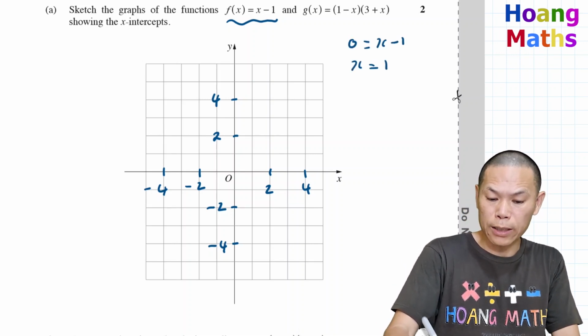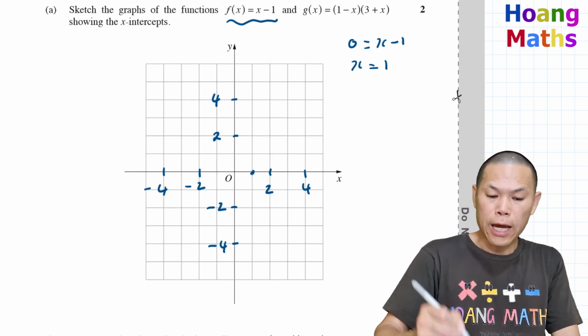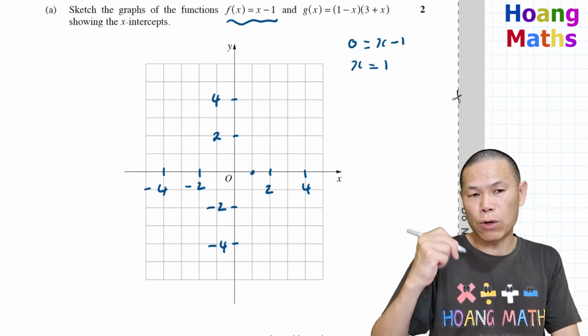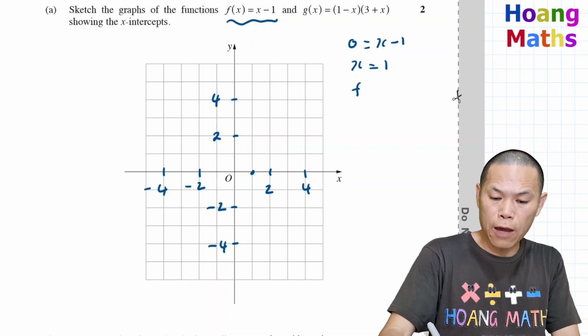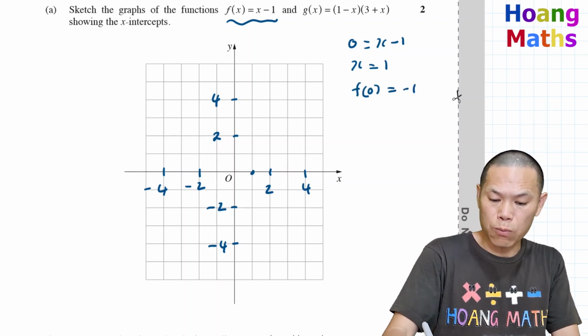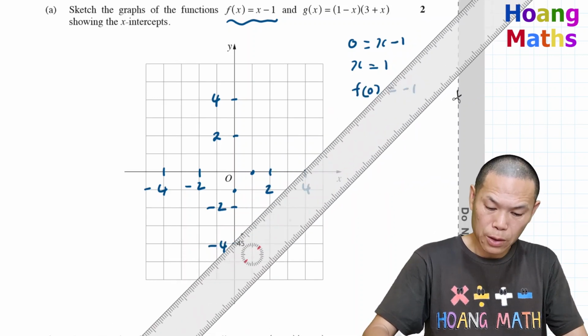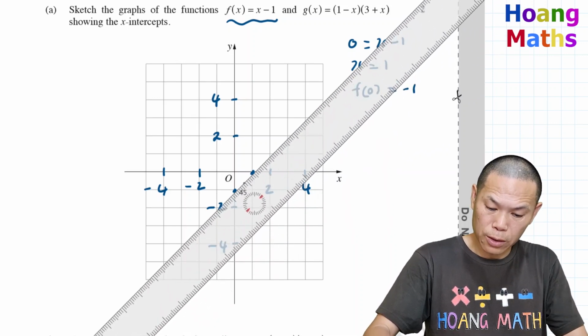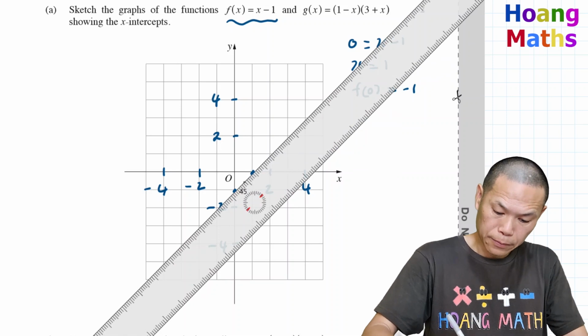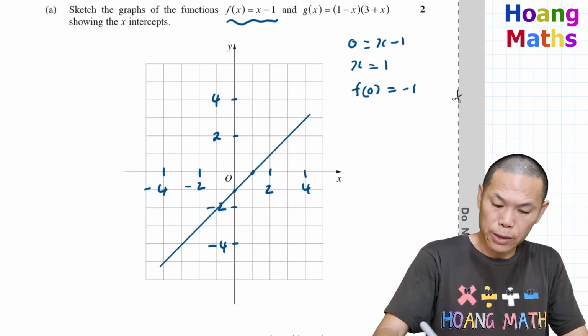So x is 1. And the y-intercept is when x is 0. So when x is 0, f of 0 will give me negative 1. So negative 1 here. So let me just graph it. So there you go. So this is f of x.